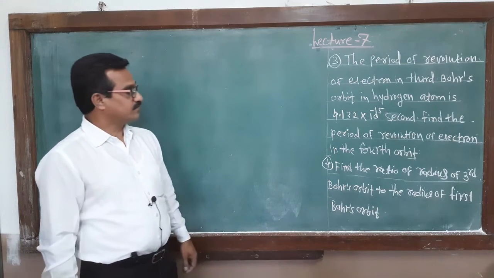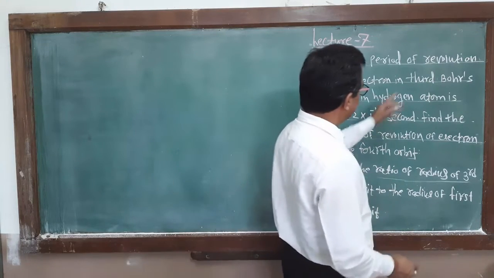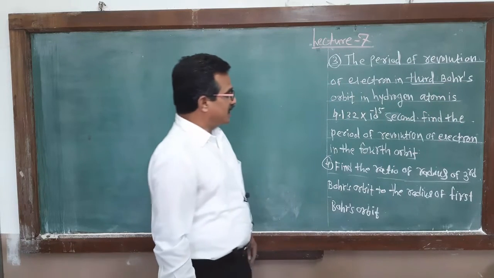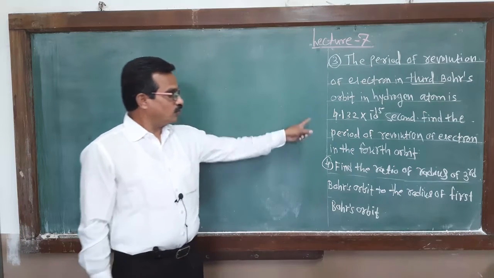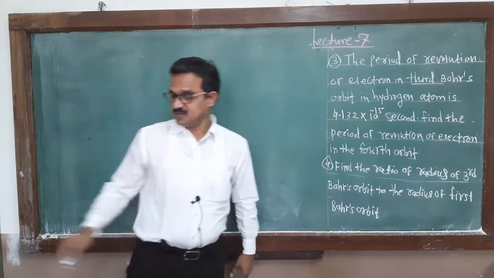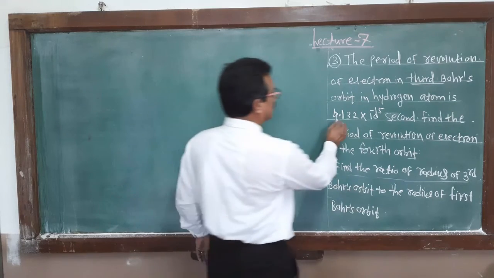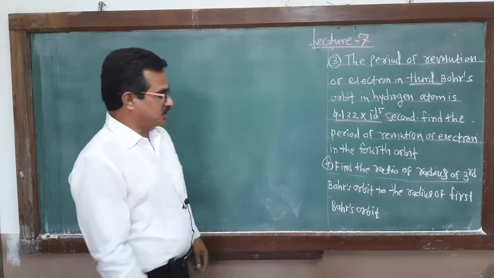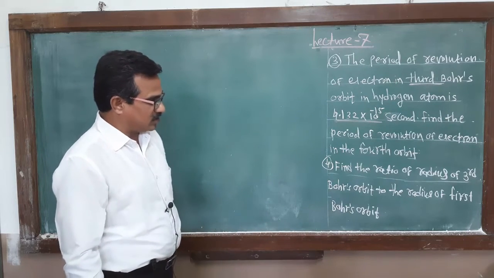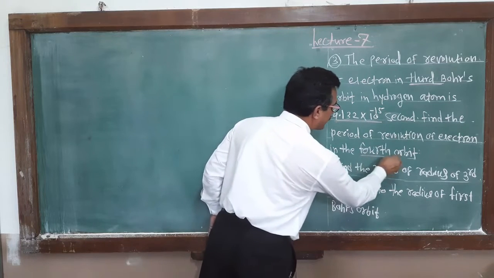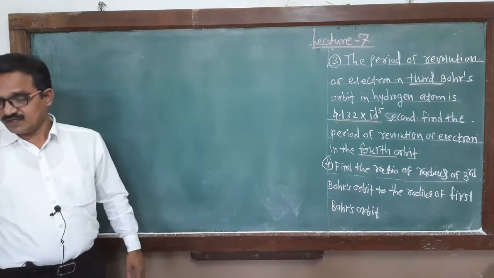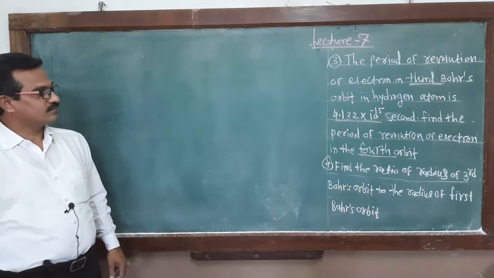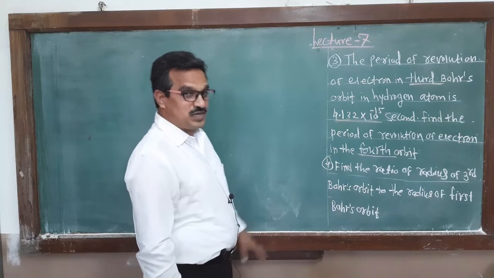Next problem. The period of revolution of the electron in the third Bohr orbit in the hydrogen atom is 4.132 into 10 raised to minus 15 second. That means the third orbit period of revolution is given. Find the period of revolution of the electron in the fourth orbit. Again, read the problem carefully and decide which things are given.